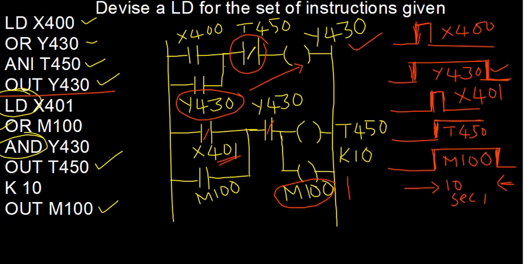So your Y430 you can consider it to be a motor, and your X400 you can consider to be the switch of that particular motor, right? So now you turn on the switch X400, your motor will start and water starts getting filled in the overhead tank. Now what exactly your X401 resembles here?